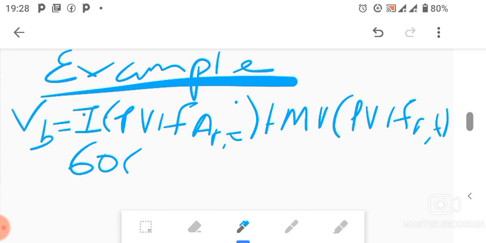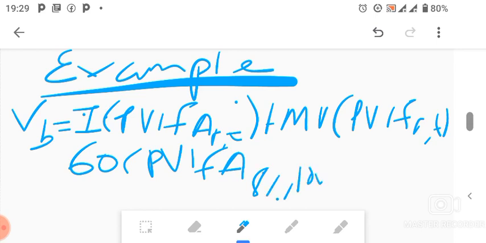They said the market rate was 8, if you rewind in the video, and the time period is 10 years. So you go and search for that on your table: 8% and 10 years, find the PVIFA value there, and you substitute in the brackets. So that's how it works.